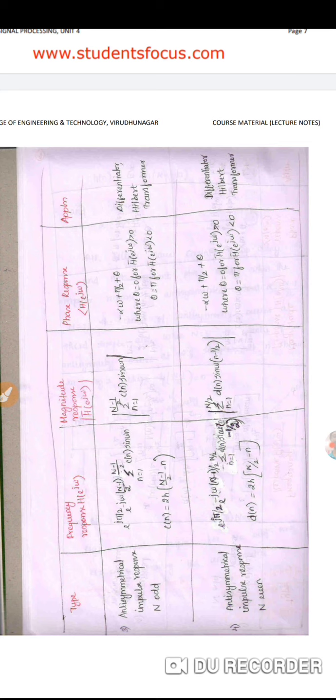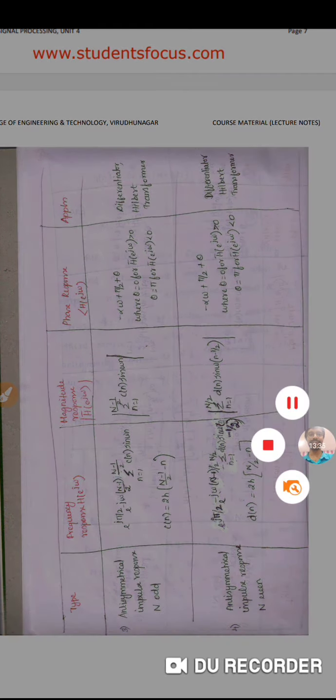The phase response is given by minus alpha omega plus pi by 2 plus theta, where theta equal to 0 for positive frequency response and theta equal to pi for negative frequency response. These can also be used for differentiators and Hilbert transforms, since they are asymmetrical about the 0 axis.